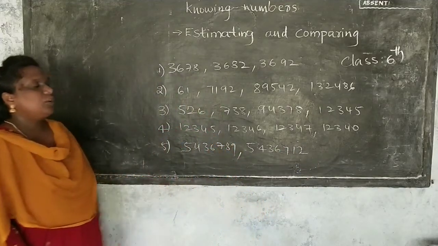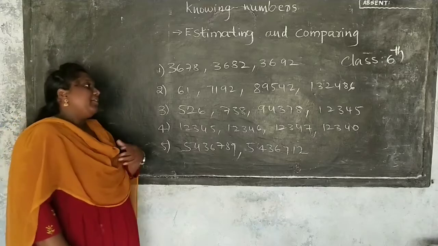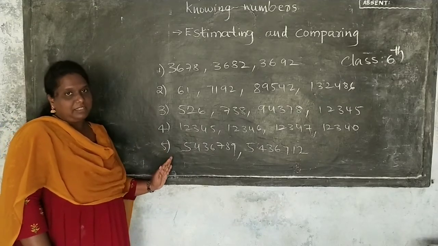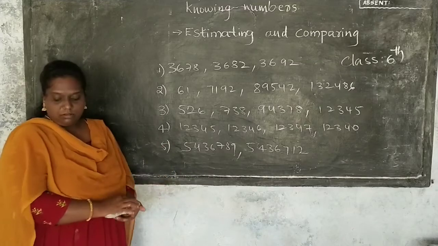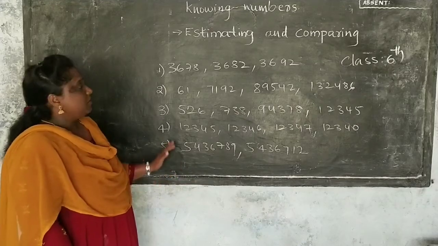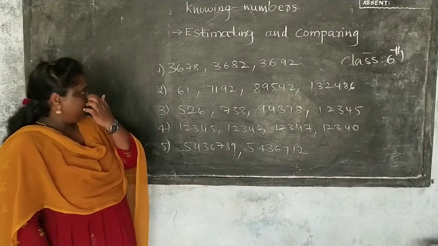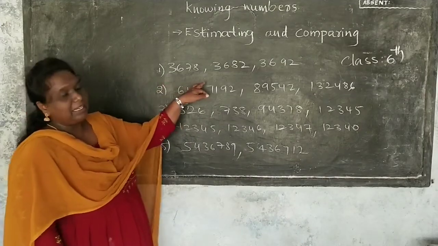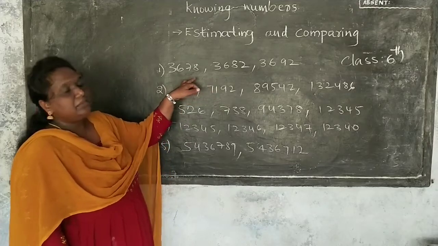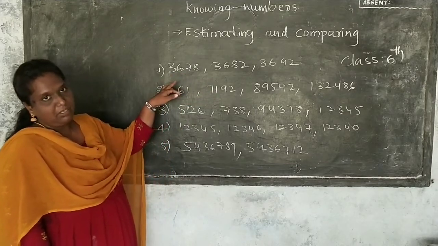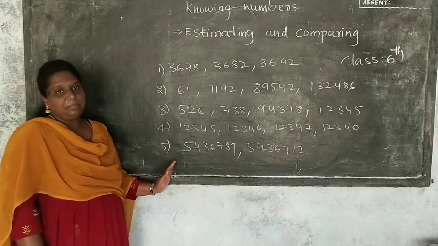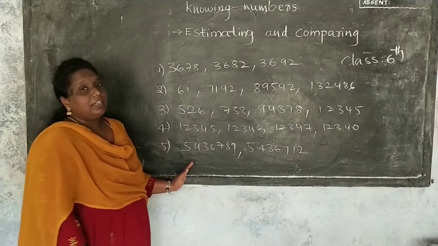So these are the problems. You have to write greatest number and smallest number for these numbers, and understand, children. So what you have to do, first you have to compare the numbers. Among the given numbers, you have to write the greatest number, then after smallest number. This will be your homework, and do the practice, and also learn the tables.